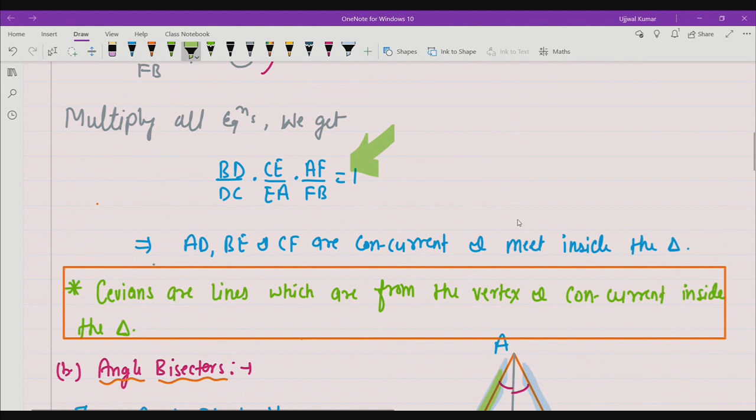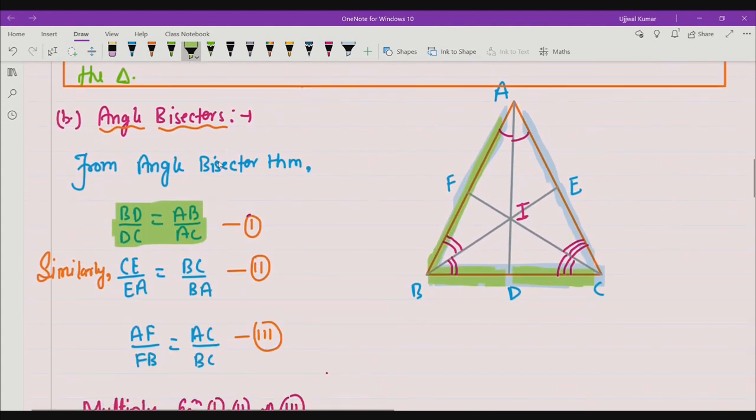Okay, moving on to the second theorem, angle bisectors. Those who don't know the angle bisector theorem, let me clear it up first. In any triangle, if AD is the bisector, then BD ratio DC equals AB ratio AC.